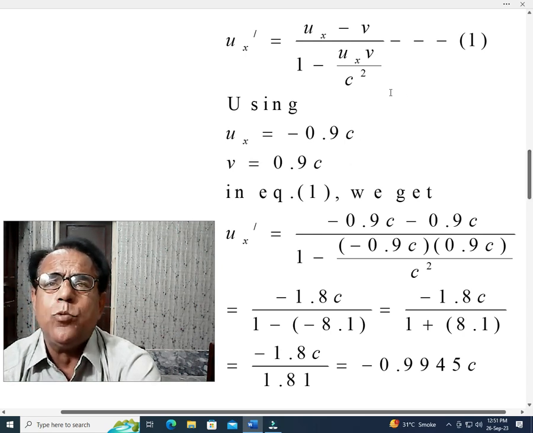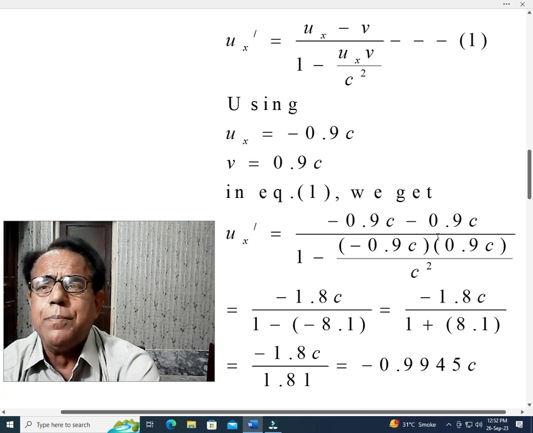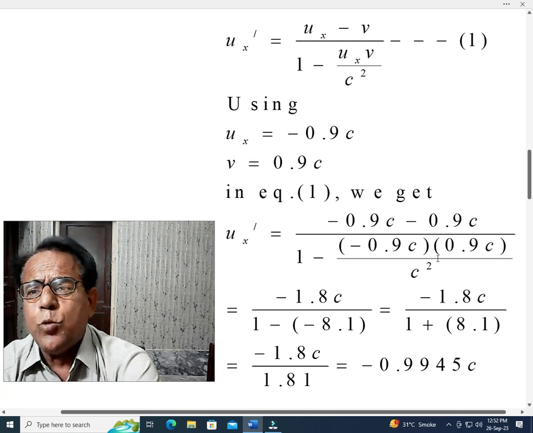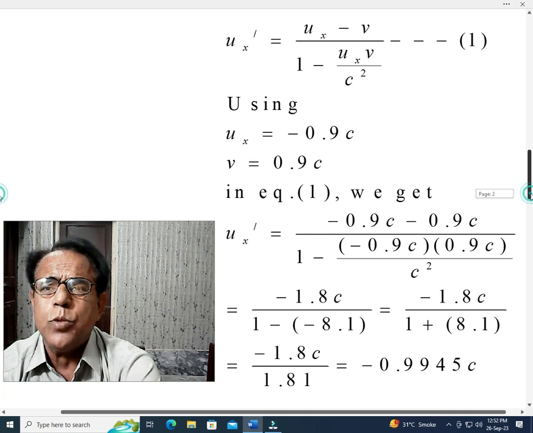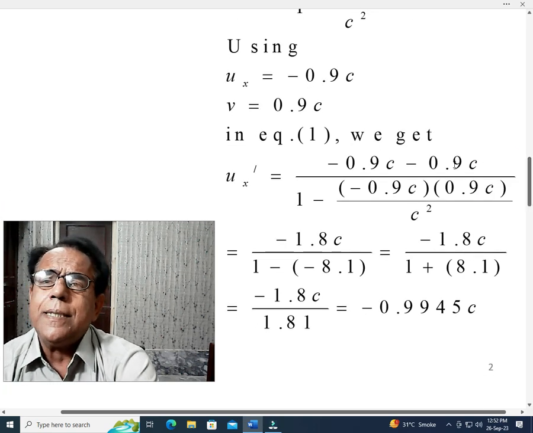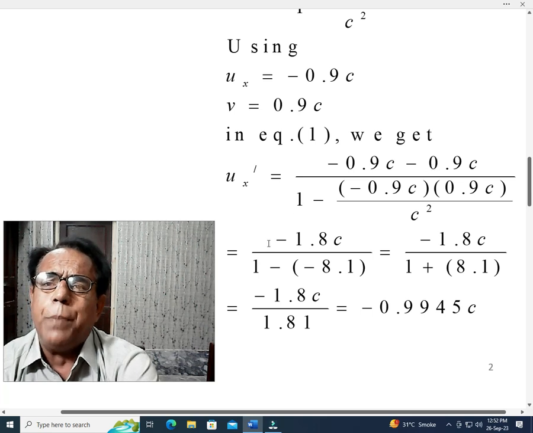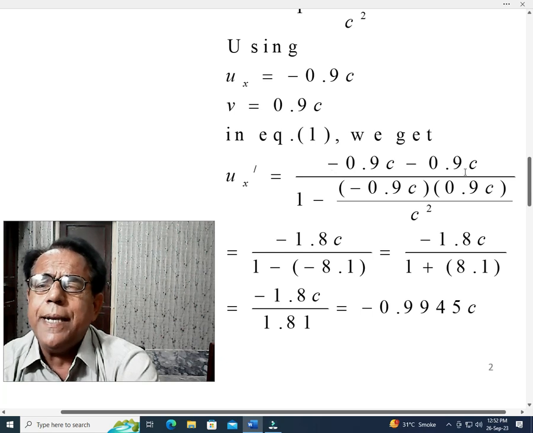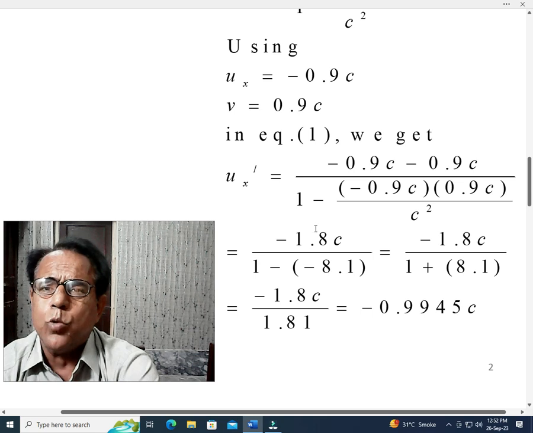When we put these two values, we get u'x = (-0.9 c - 0.9 c) / (1 - (-0.9 c)(+0.9 c) / c²). Yes, students, these two will be added, but their sign will remain negative, so minus 1.8 c.